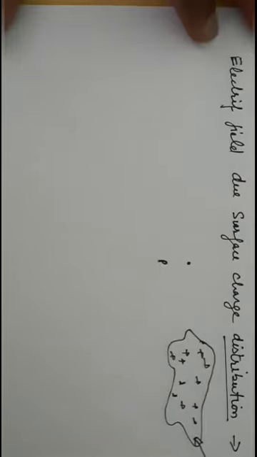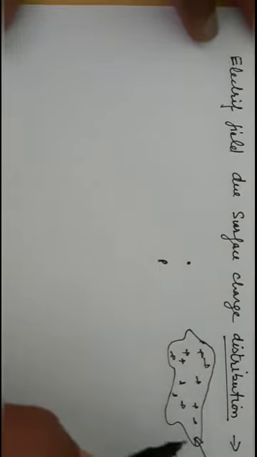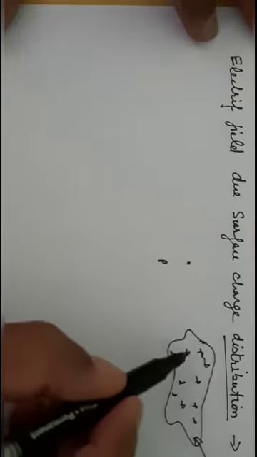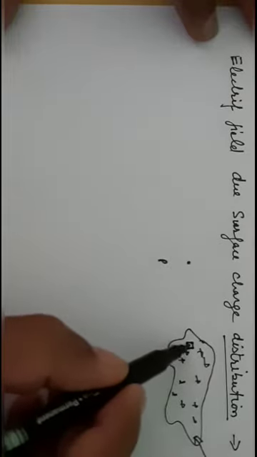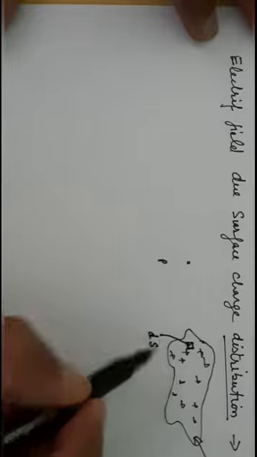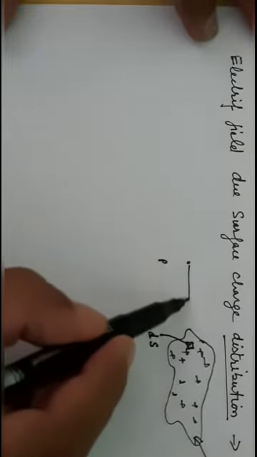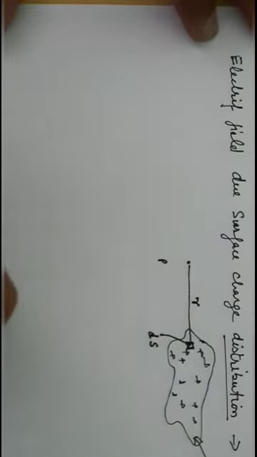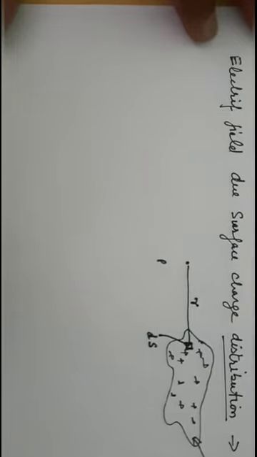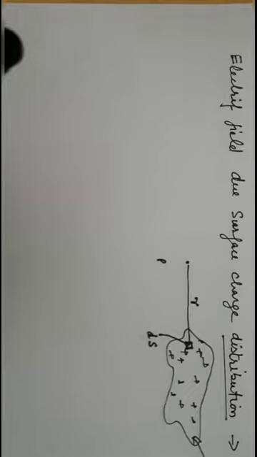In that case, we divide this surface into infinitely small surfaces. I take a small surface whose area is ds and which is at a distance r from the point of observation. Then it acts as a point charge.